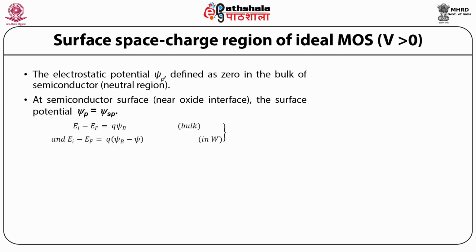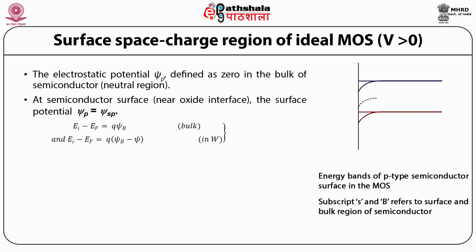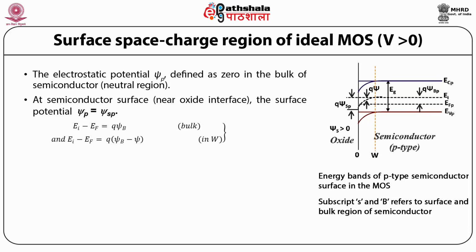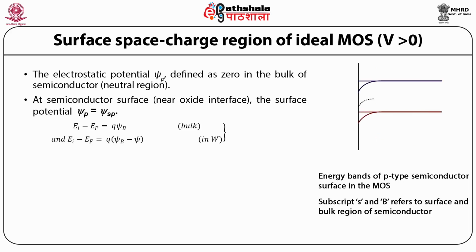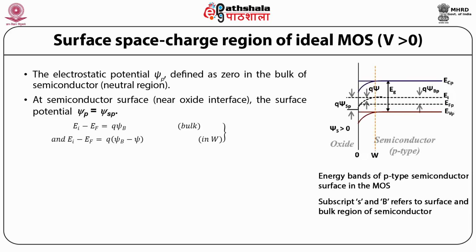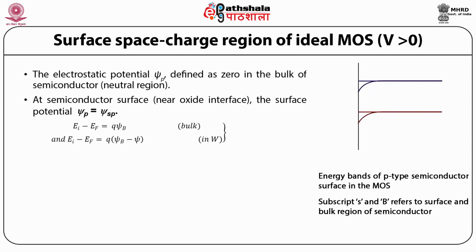Now Ei minus EFp is equal to q psi Bp for x greater than or equal to W, the bulk, and Ei minus EF is equal to q (psi Bp minus psi) for x less than W. The figure on the right hand side shows the energy bands of the p-type semiconductor surface in the ideal MOS device.